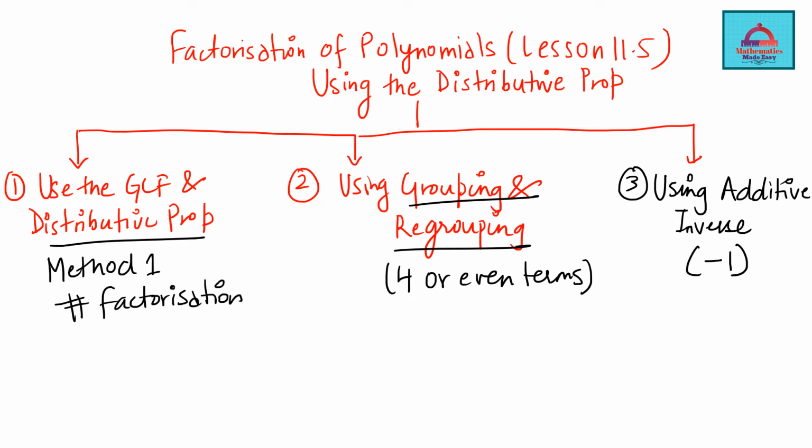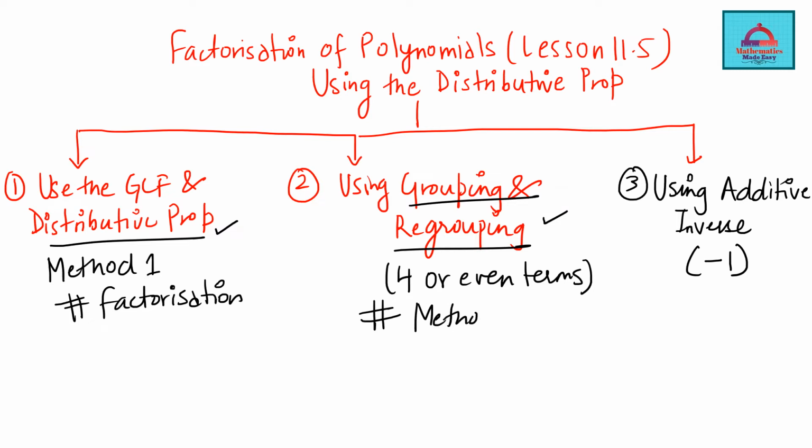You have to really remember this, because as we proceed in more lessons, the methods to factorize would increase. So you have to really remember which strategy or method works for which question. This method works where there is GCF and distributive property for factorization. This method works where there are 4 or even terms.